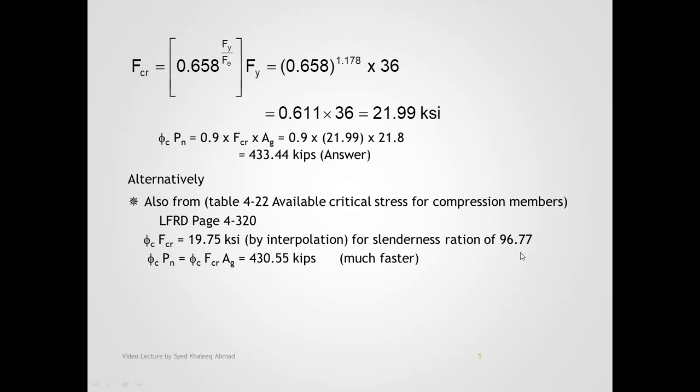By that linear interpolation, we find the value of this φcFcr is 19.75, and then φPn, this is load, critical load, which is stress multiplied by the factor and gross area.